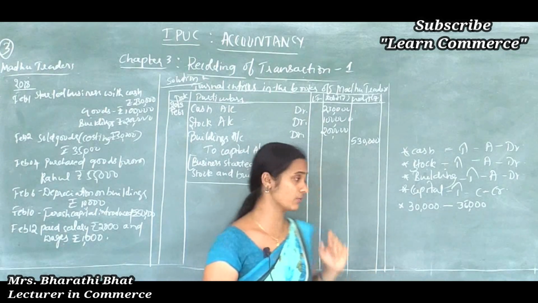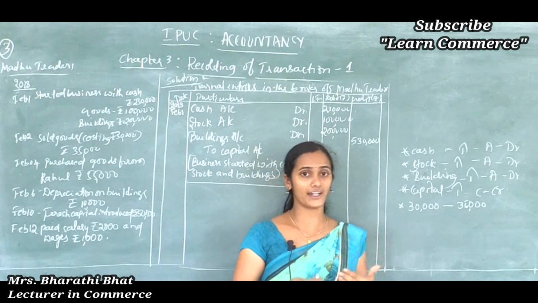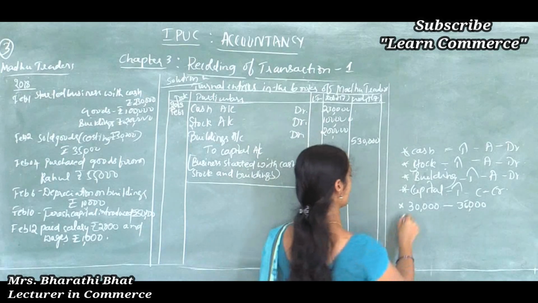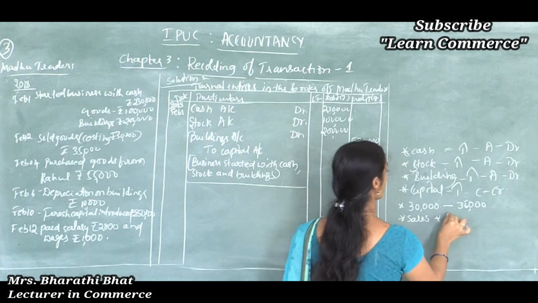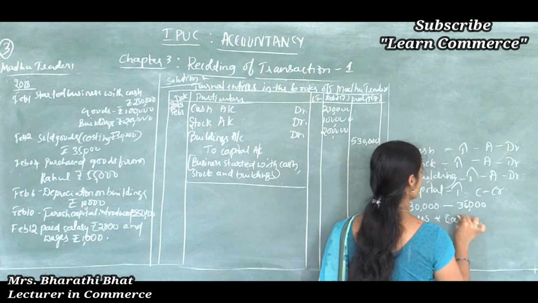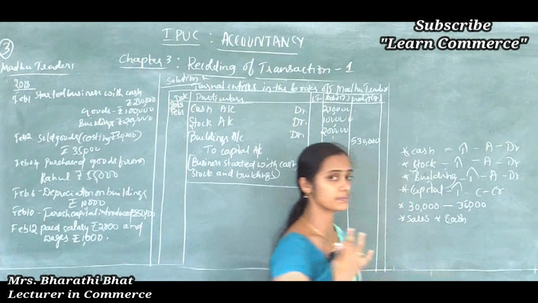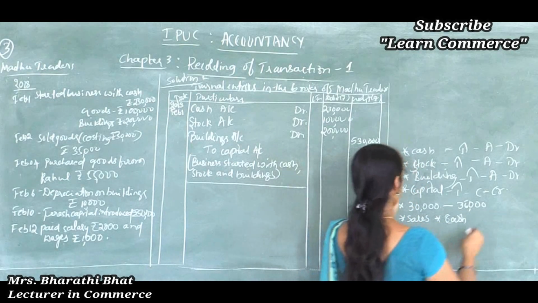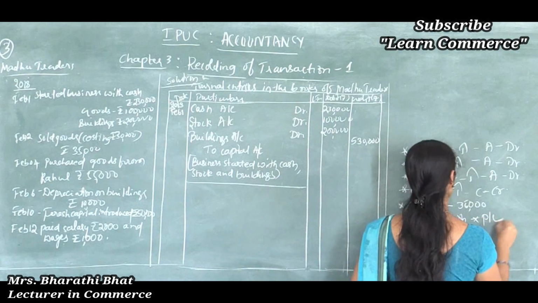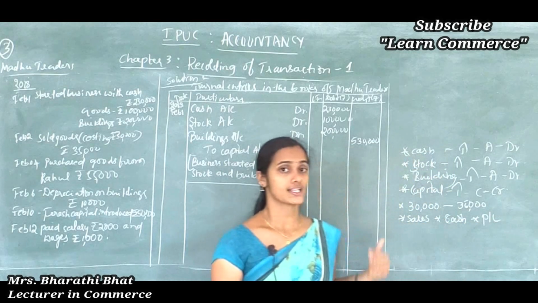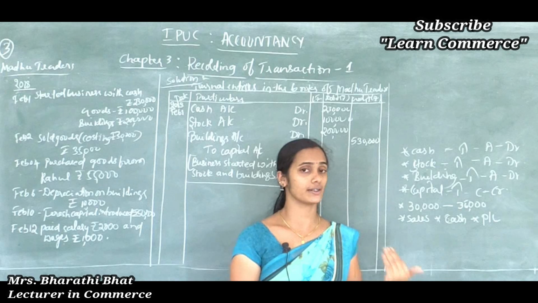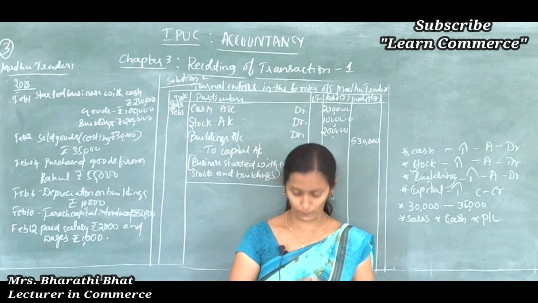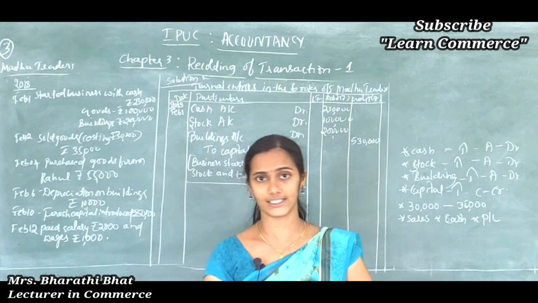What are those 3? Can you find out the 3 accounts here? One is, we can easily say, sales, and one more account is cash, because when we sell something we will receive some cash. Correct? Another account affected here is profit and loss account. Say if profit comes to the organization, then that profit is transferred to the profit and loss account of that organization.